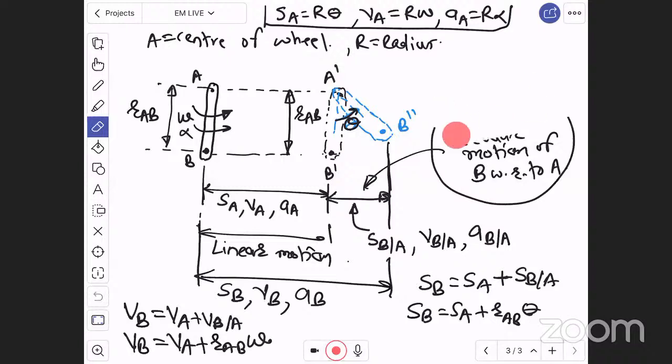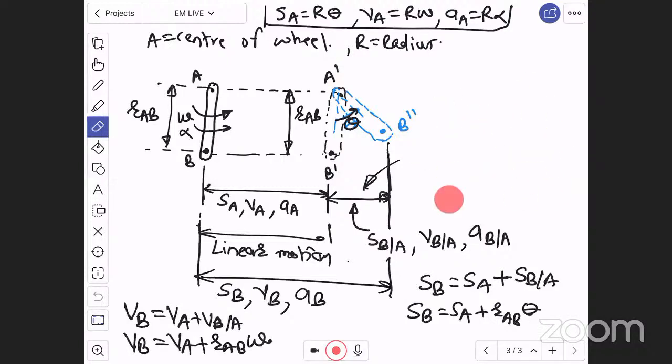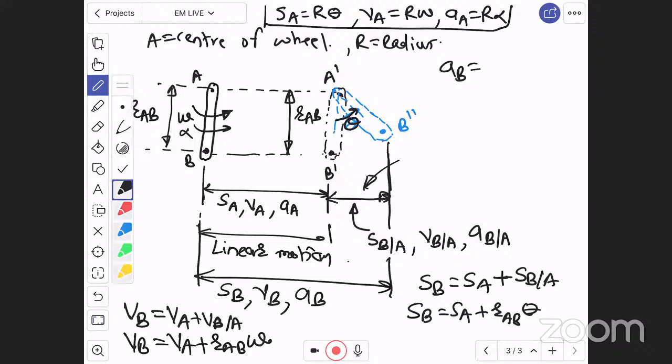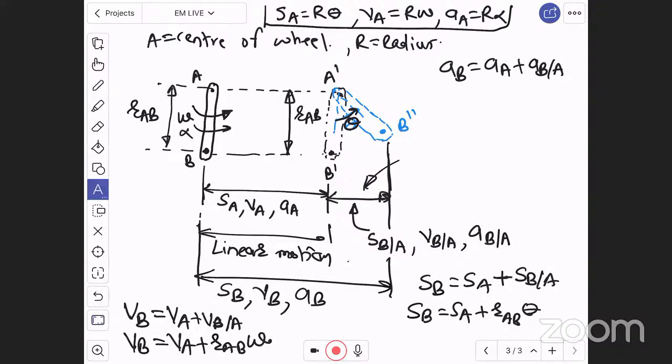Right. Now let us find acceleration. Acceleration of B is acceleration of A plus acceleration of B with respect to A. And my dear students, this part is a circular motion, and in case of circular motion, we have seen there are two accelerations.